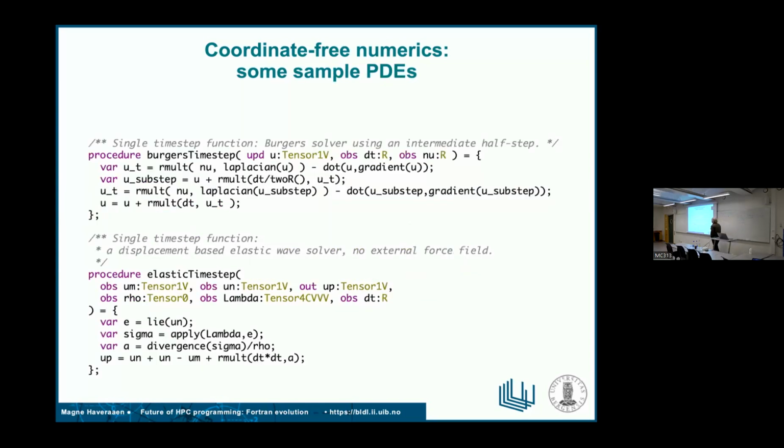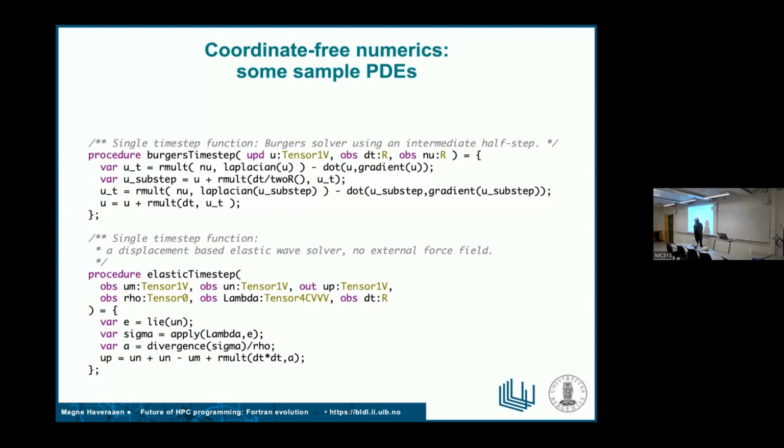And then we can write 2 solvers. So this is a single time-stepping function for Burgers' equation using an intermediate half step. And you can recognize these operations from the signature that have been type checked.